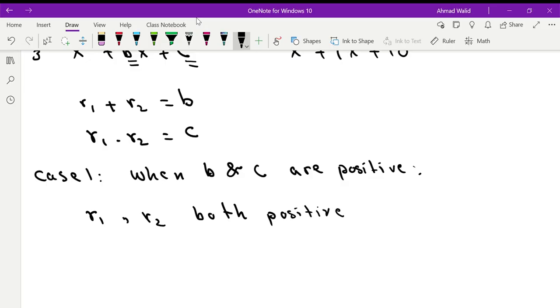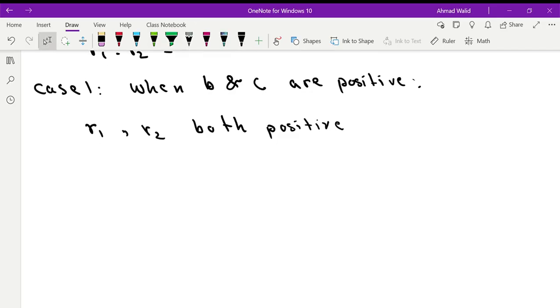I'll explain in a numeric example now for you. X squared plus 7x, let's say plus 12. How to factor this? How to choose those numbers, R1 and R2? This is a question that, I'm sorry, some of the students are asking me, how do you know these numbers?